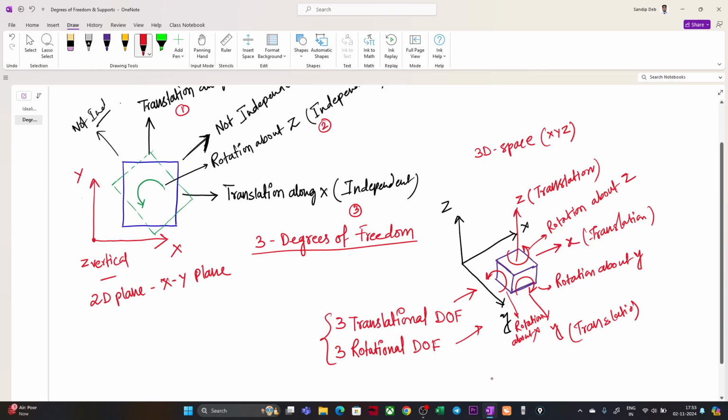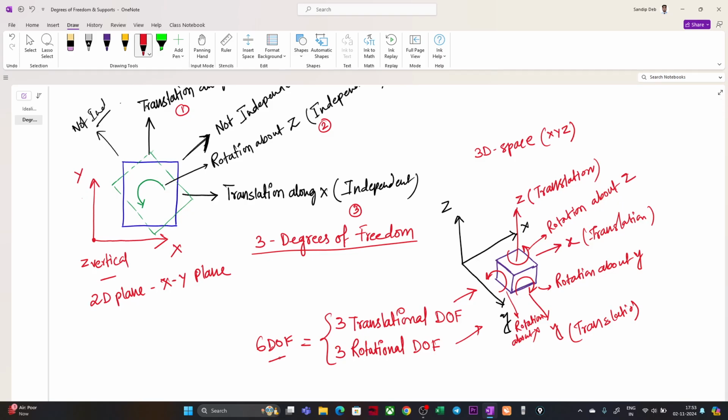Correct? So we have three translational degrees of freedom, meaning in three directions it can move independently, and three rotational degrees of freedom. So in total we have 6 degrees of freedom for this system, which is in a 3D space.